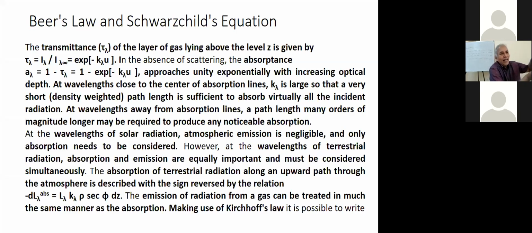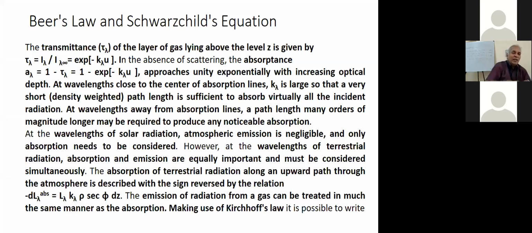So I can have a large path length or optical depth over which I can expect complete absorption to happen. At wavelengths away from the absorption band, a path length many orders of magnitude larger than at the center of the absorption line would be required to produce noticeable absorption. Okay, so this is the basic idea.